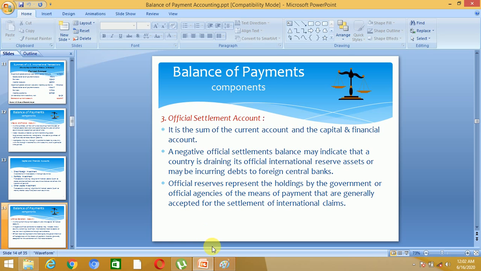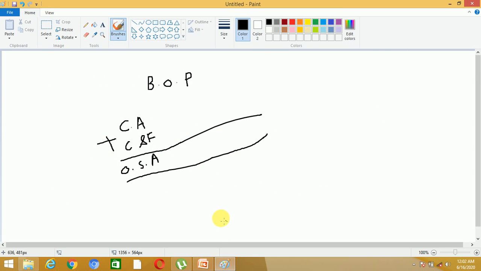What does it mean? It means that if this is negative, more foreign reserves are going out of the country.